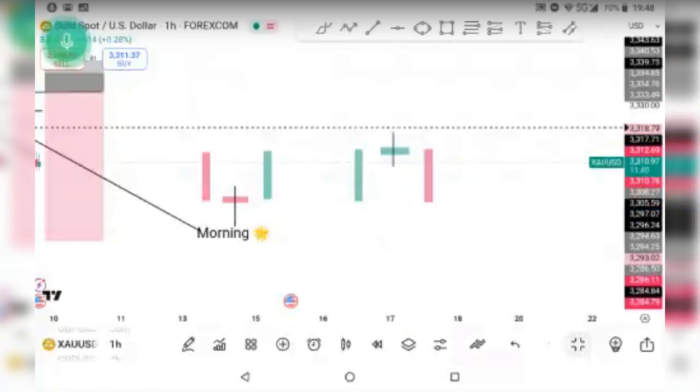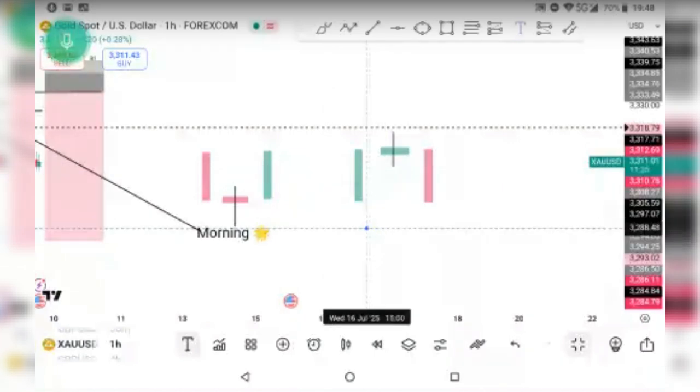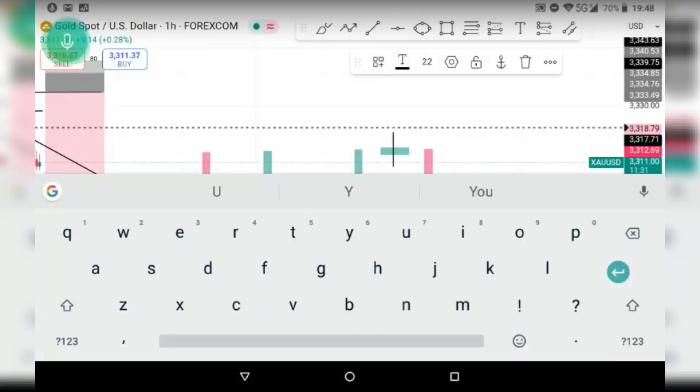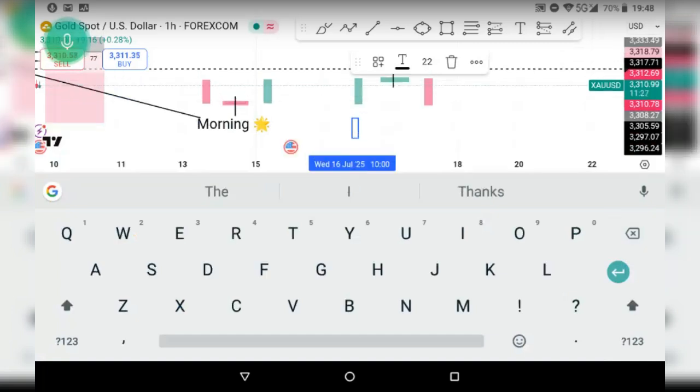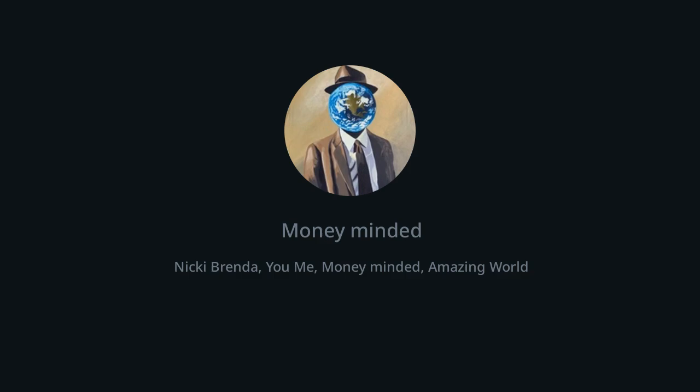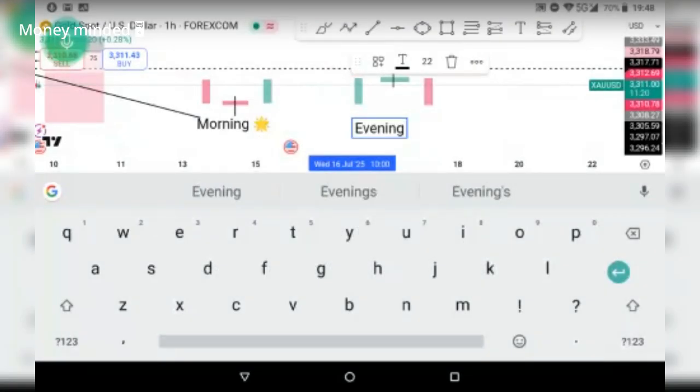So this is the evening star. The evening star is the confirmation pattern you look for whenever you want to sell. Let's say price is at your entry point and you want to sell, you'll be looking for the evening star.